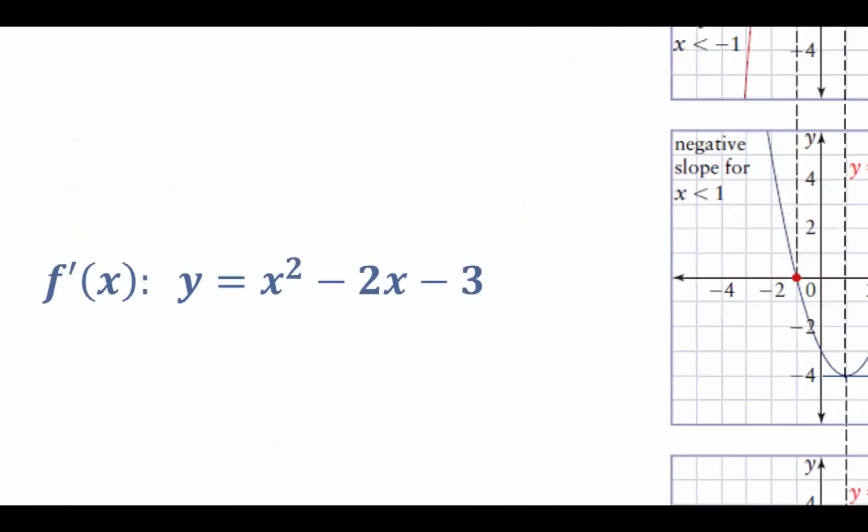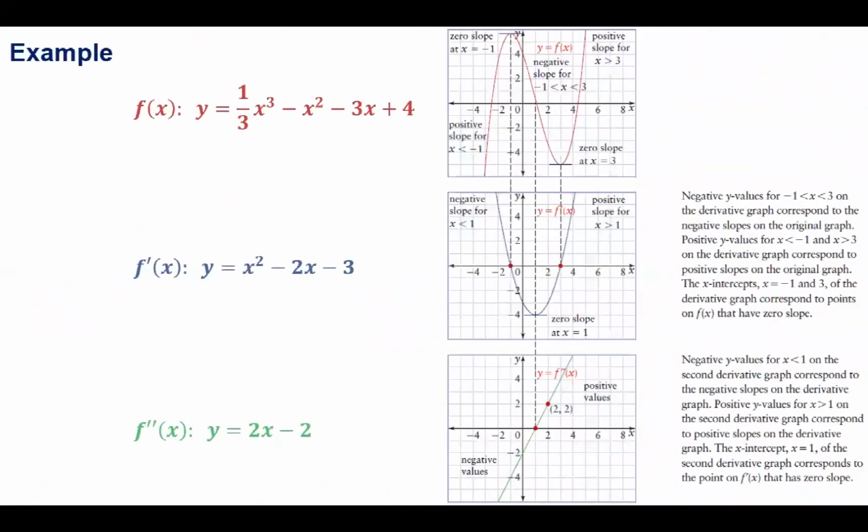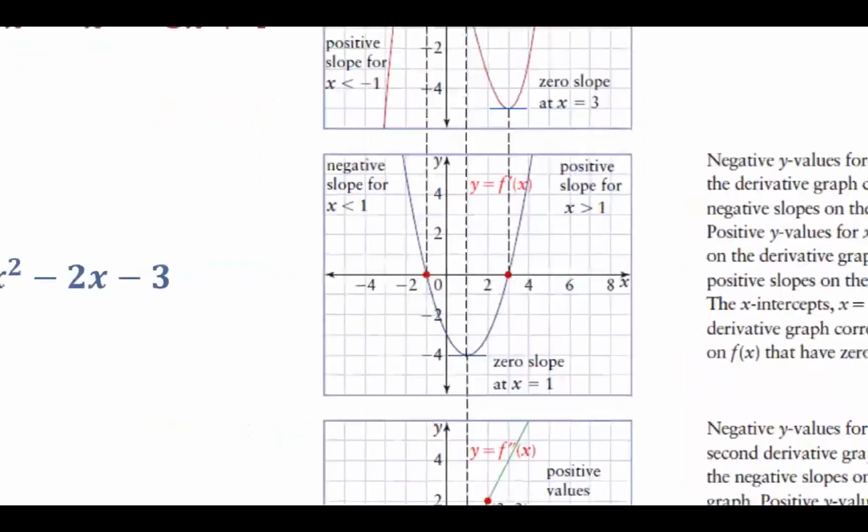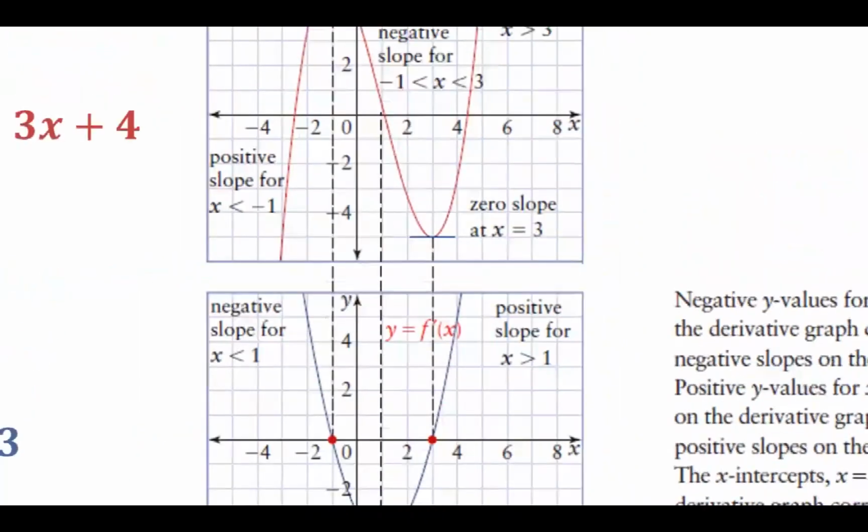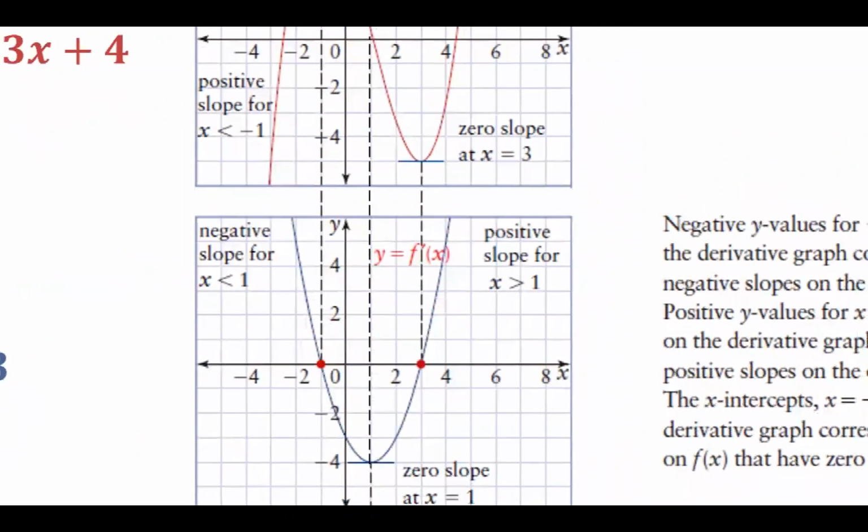And if we find its first derivative, the first derivative of this function is y equals x squared minus 2x minus 3. And if we graph the first derivative of this function, it looks like this, which is a parabola. So why does this first derivative have this shape?